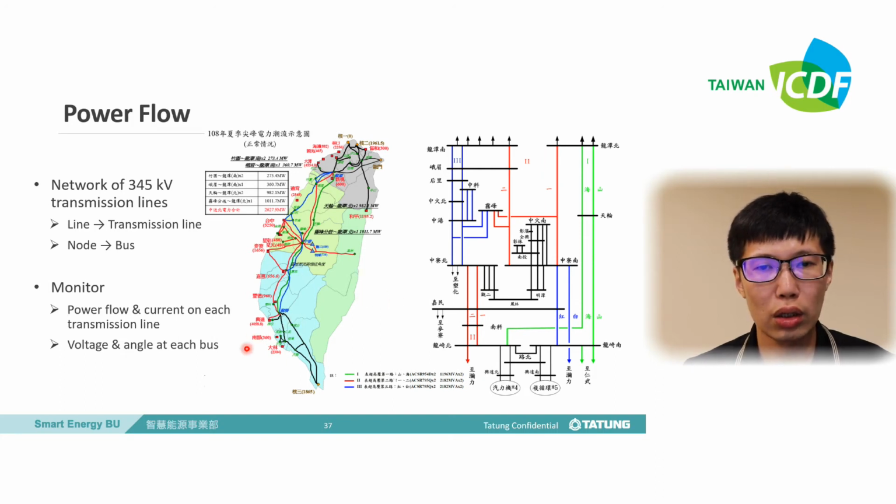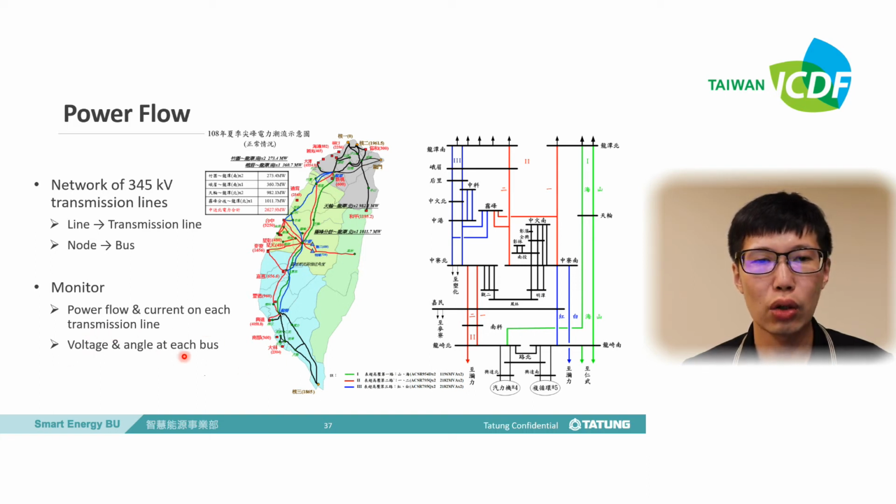So the power flow and the current on each transmission line should not be too large, in order to maintain the stability of the system and to avoid the transmission line overheating.